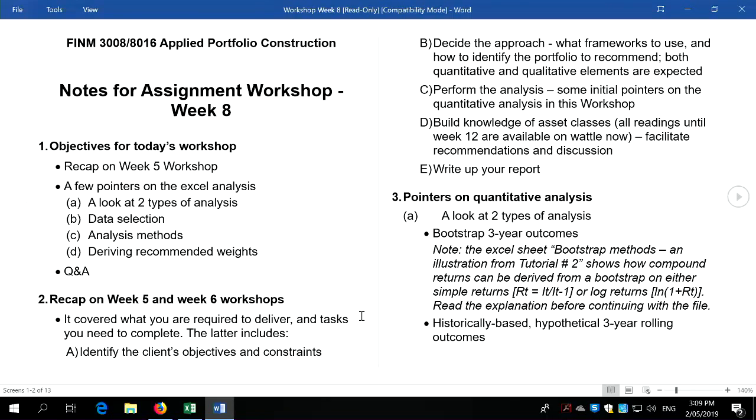You are given the same expected returns and the same historical data, but eventually you're going to have quite different asset allocation advice for your clients, because you have different beliefs in interpreting the objective and the risk constraints of the same client. Then you make your own judgment of the asset allocation. All of this will lead to quite different financial advice for the same client. That's what I'm happy to see in the class.